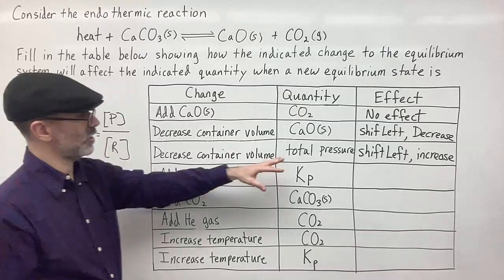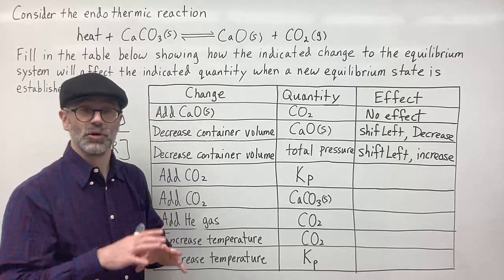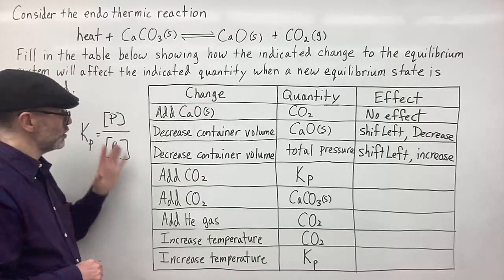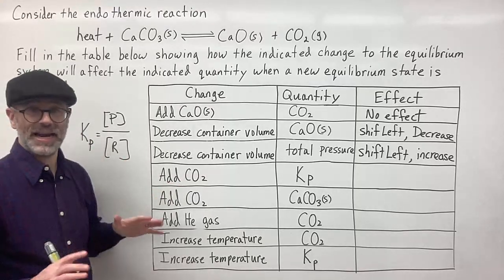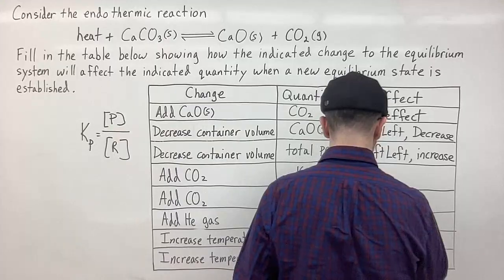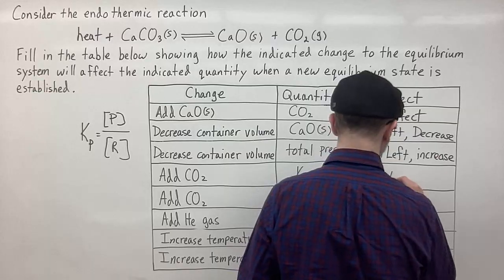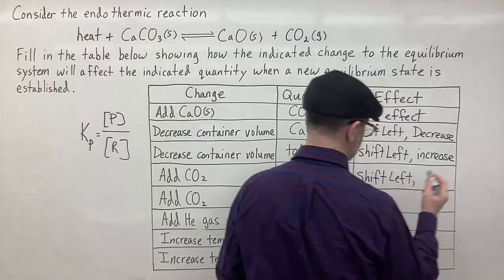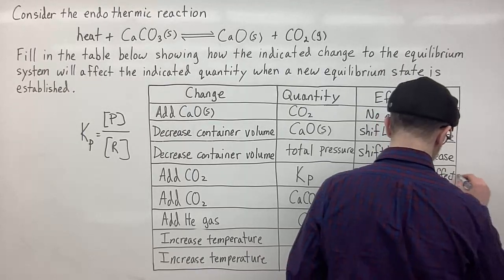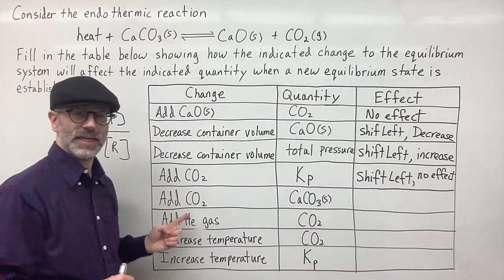The adjustment by the system to get back to the equilibrium is basically getting back to this ratio, which is Kp. So adding CO2 is not going to have an effect on the equilibrium constant. So this is going to be no effect. It'll shift left again, right? That's going to be the shift, but it's not going to have an effect on Kp. No effect on Kp.